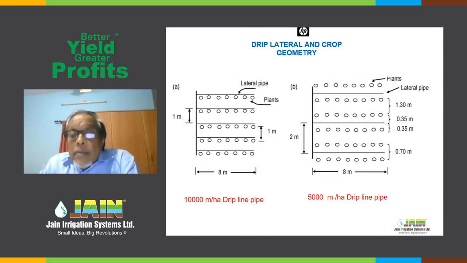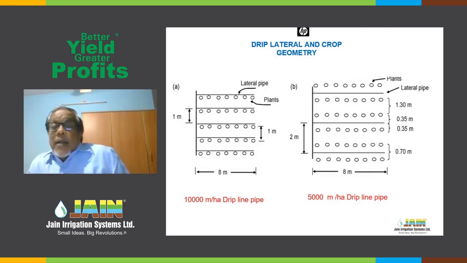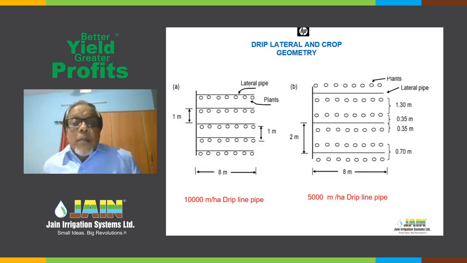And here you need to cover the same number of crop plants and rows, but you need only 5,000. If you clearly look at the picture, the crop row spacing is 70 centimeter. In other words, you have more number of rows, while in the previous one it was 1 meter.